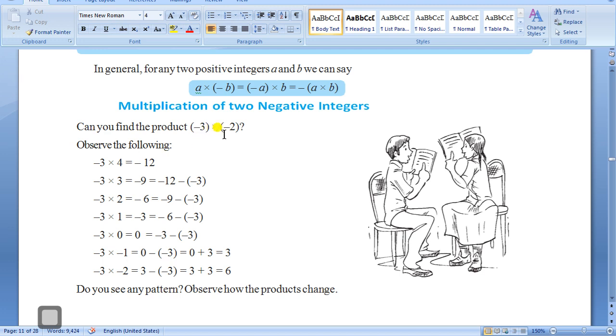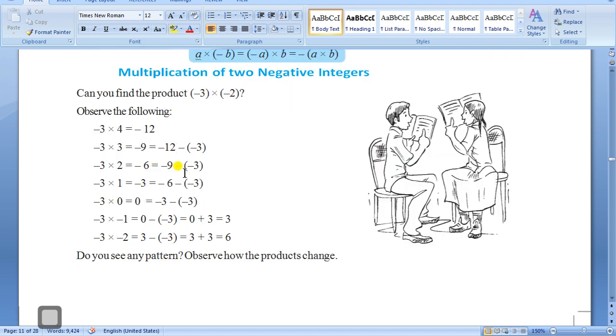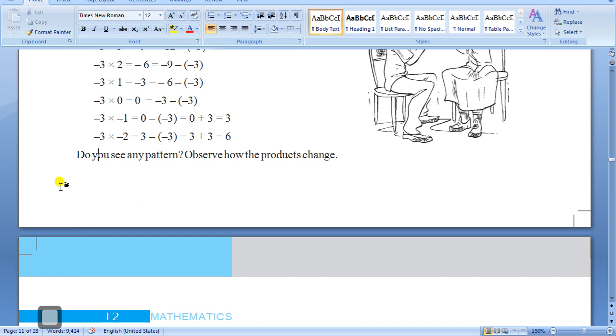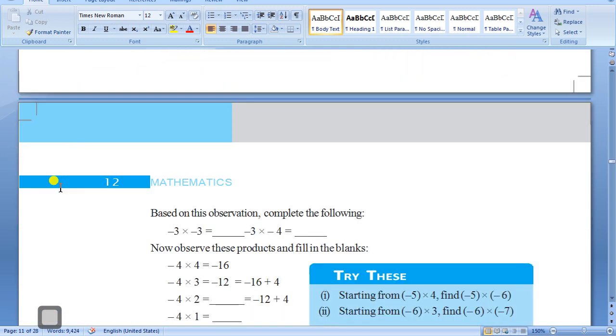We will find the multiplication of two negative integers. Now, can you find the product (-3) × (-2)? Observe the following. (-3) × 4 = -12. (-3) × 3 = -9, that is -12 minus (-3). (-3) × 2 = -6, that is -9 minus (-3). (-3) × 1 = -3, that is -6 minus (-3). (-3) × 0 = 0, that is -3 minus (-3). (-3) × (-1) = 0 minus (-3), that is 0 + 3 = 3. (-3) × (-2) = 3 minus (-3) = 3 + 3, that is 6.